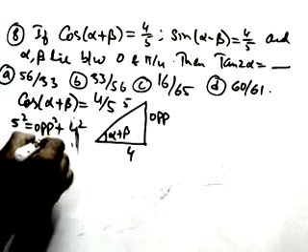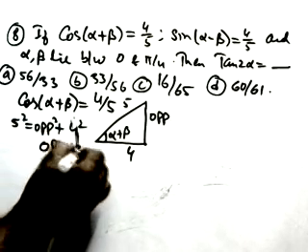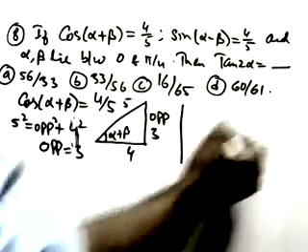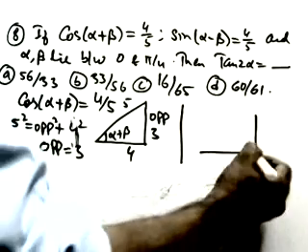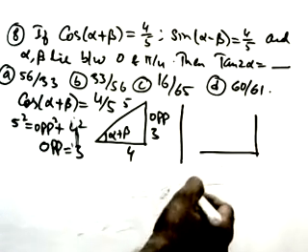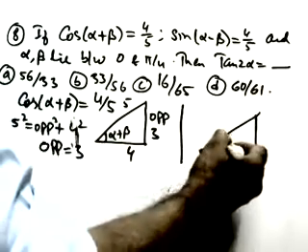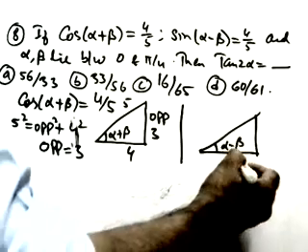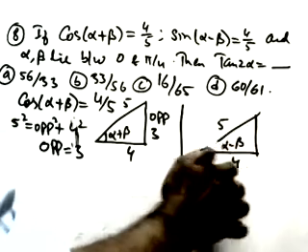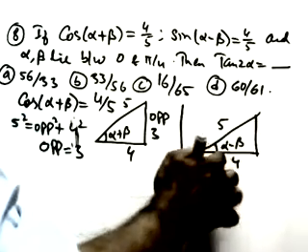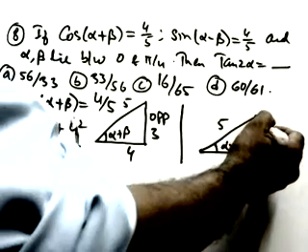Bring this 4 square, 25 minus 16 is 9. Root 9 is 3. So opposite equals 3. In the same way, here also the same condition. Now here, sorry, we did it wrong. Here alpha minus beta, sine is given. Sine is opposite by adjacent, sorry, opposite by hypotenuse.